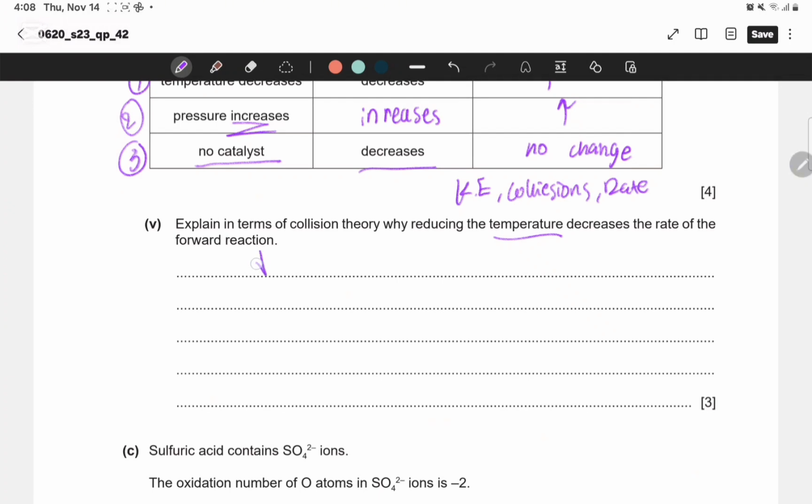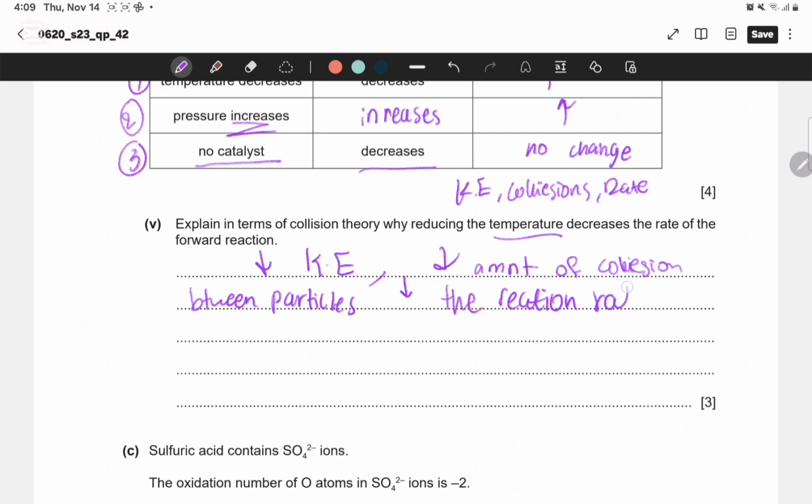There's going to be a decrease in kinetic energy of the particles, which would decrease the amount of collisions between particles, which would decrease the reaction rate. Okay, so you have 3 marks, 1, 2, and 3.